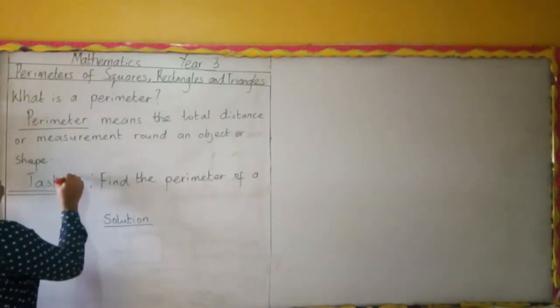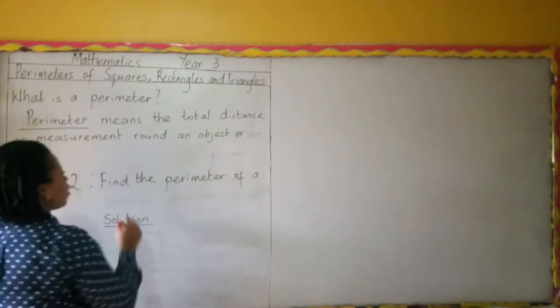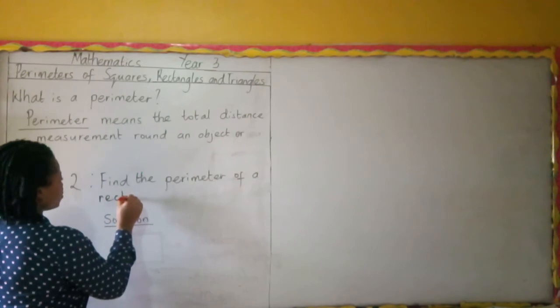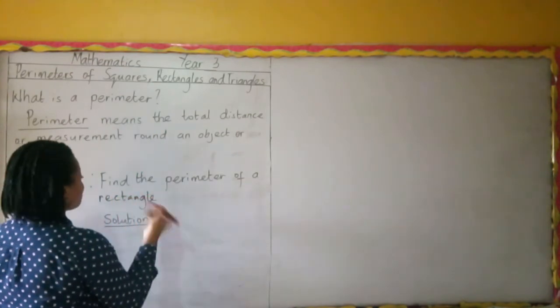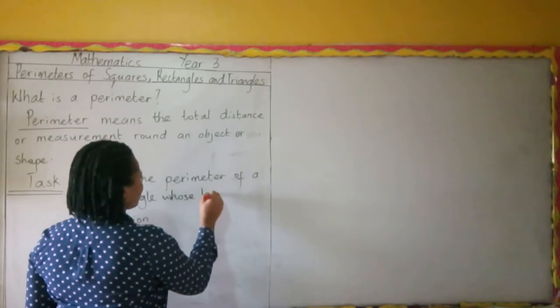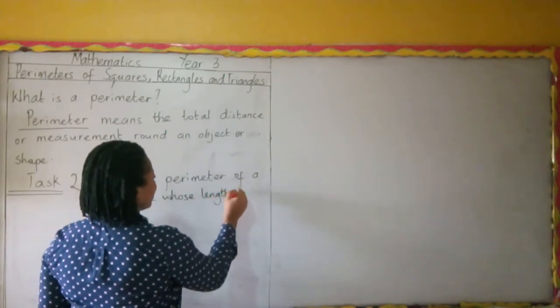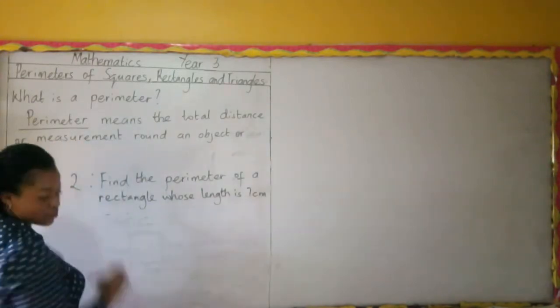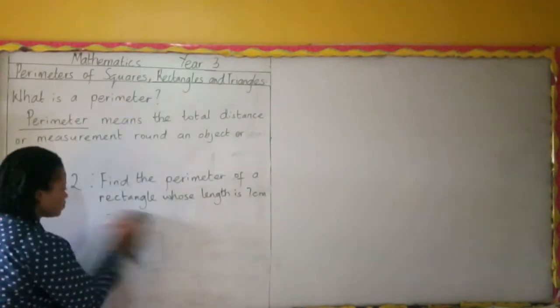Good. So task 2. Find the perimeter of a rectangle. Woo! My favorite shape. I love rectangles. I don't know why. Whose length is 7 cm. Okay. Go ahead to clean.